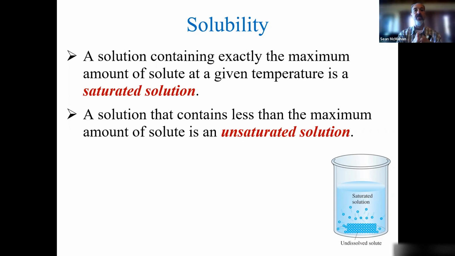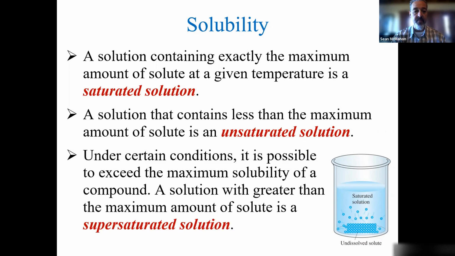Remember in lecture 1 of chapter 9, I talked about solvation, where the solvent surrounds a solute particle. If there's not a lot of solute dissolved, there's enough solvent to surround it, so that's an unsaturated solution.